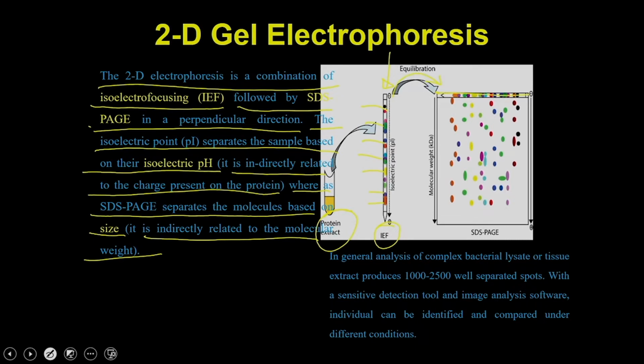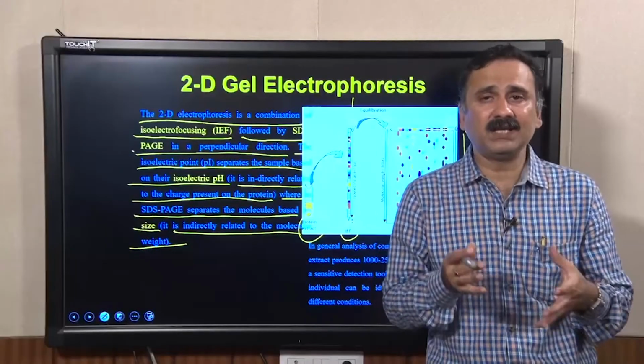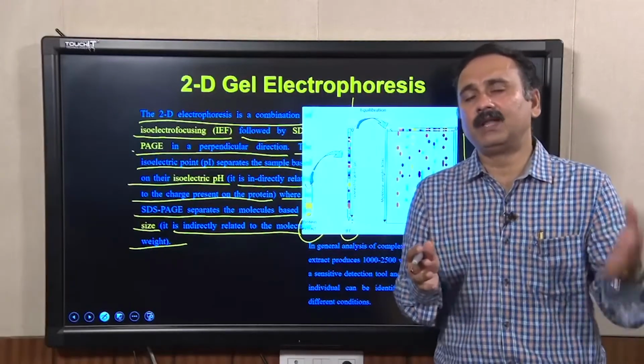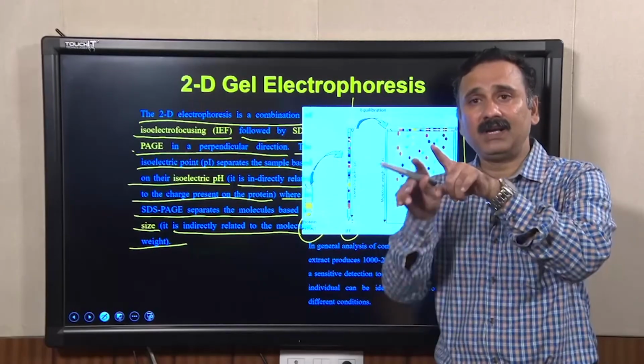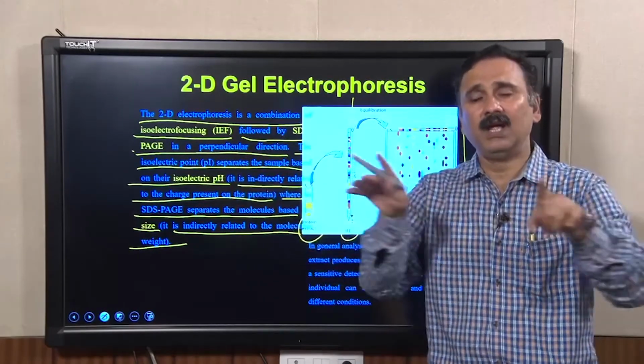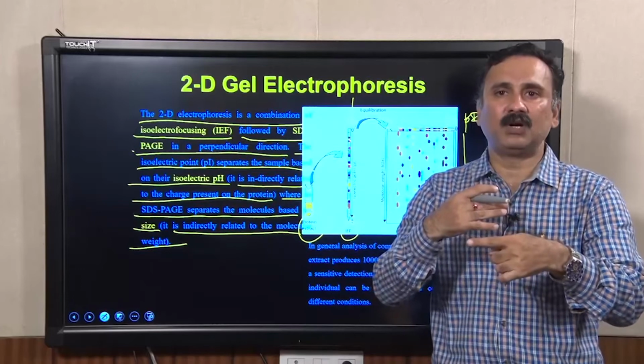So, in this direction it is resolved as per the pI, and in this direction as per the molecular weight, and because of this combination you are going to see individual spots, because two proteins which have the same molecular weight may not have the same isoelectric point. So, first they get separated based on the isoelectric point, and then they get separated based on the molecular weight.